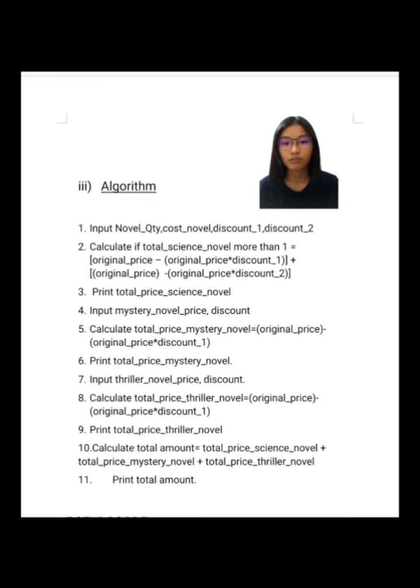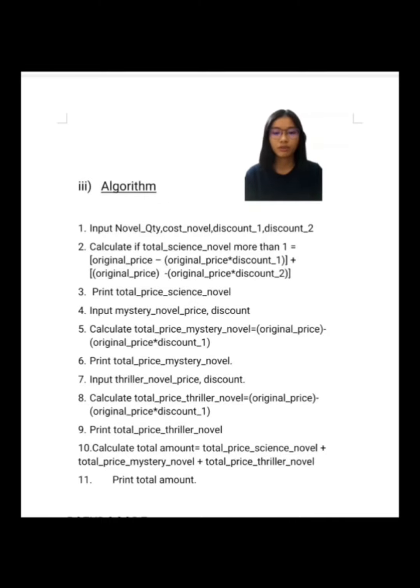Next, for step 4, we input again our mystery novel price and discount. For step 5, we calculate the total price of mystery novel using mystery original price minus mystery original price times discount 1, and print the total price of mystery novel in step 6.